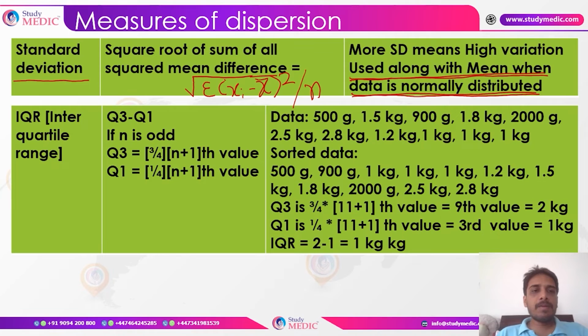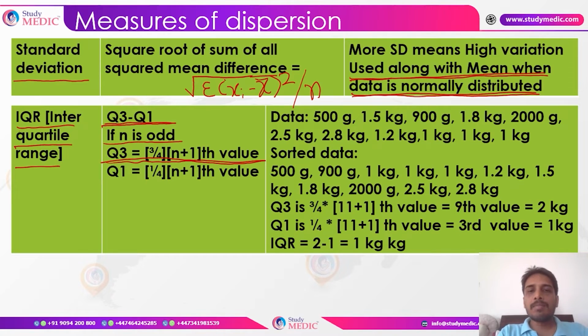The next measure of dispersion is the interquartile range. What is this interquartile range, also called IQR? It is calculated as quartile 3 minus quartile 1 value. Now if n is odd, what is the quartile 3 value? It is the 3/4 of (n plus 1)th value.